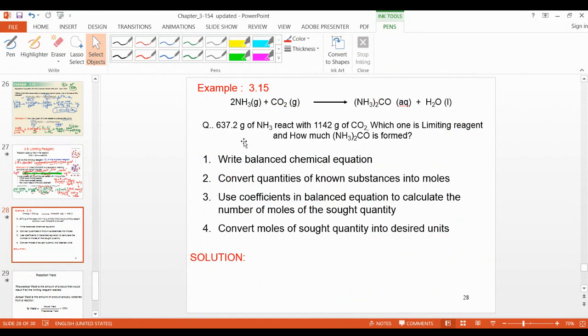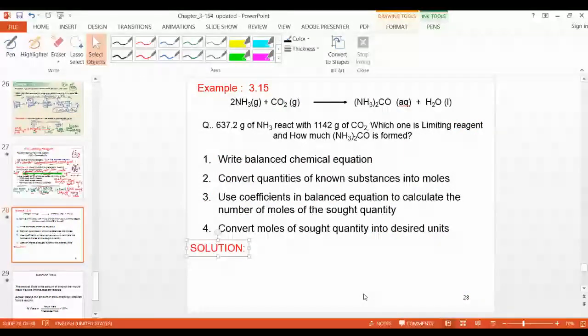This we already did here. Now I will explain the concept again: how we determine the limiting reactant and the product, and how much mass of the product you get. If the question is like this, use this concept.